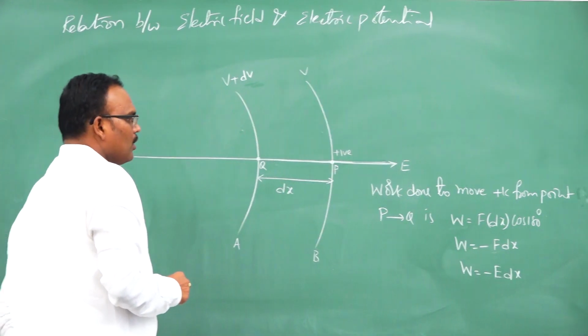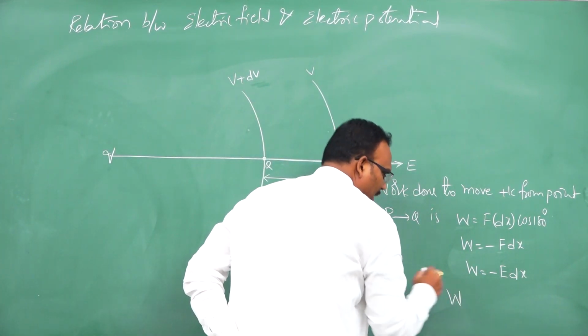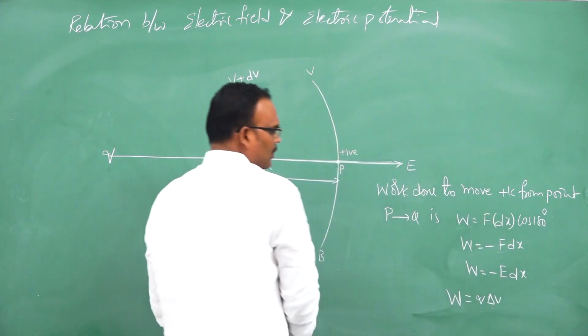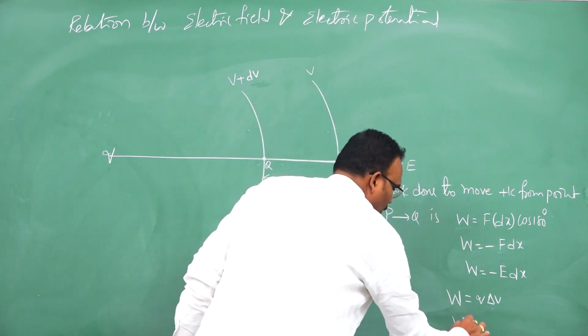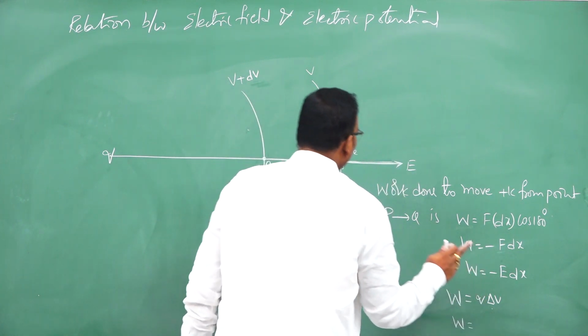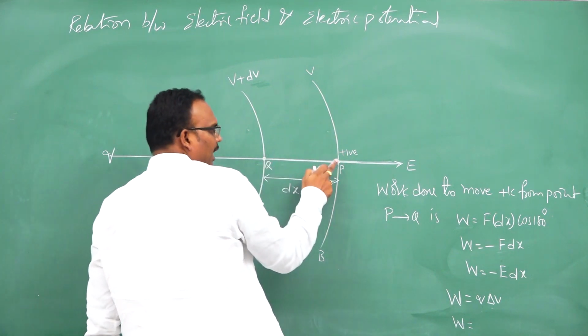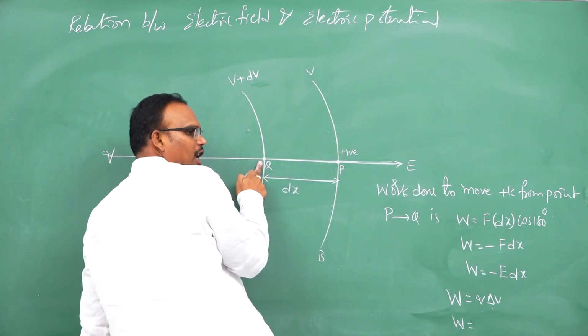Okay. So, by definition, work also can be written as W is equal to Q into delta V. So, work done W is equal to Q delta V. We are bringing a unit positive charge from point P to Q. Potential at point P is Vp, potential at point Q is Vq.